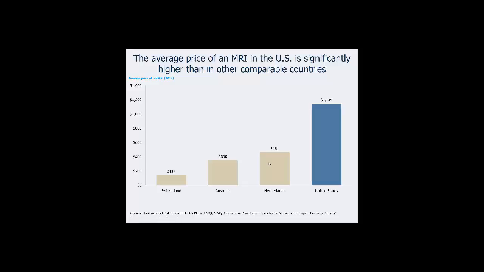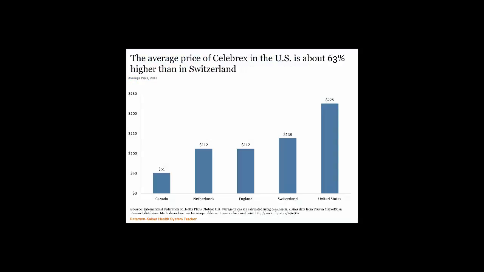This wouldn't be so bad if the cost of that image weren't so high relative to that of other nations. In Switzerland, again, similar system, only $138 in order to get that image. We're talking about almost a 10-fold increase in the United States. The average price of Celebrex in the U.S. is about 63% higher than that of Switzerland.